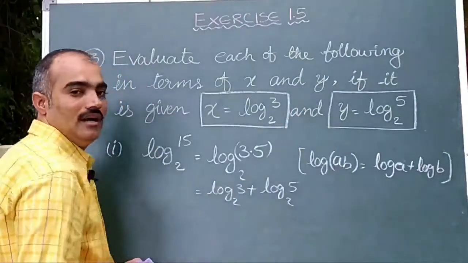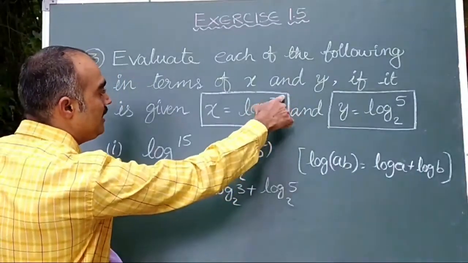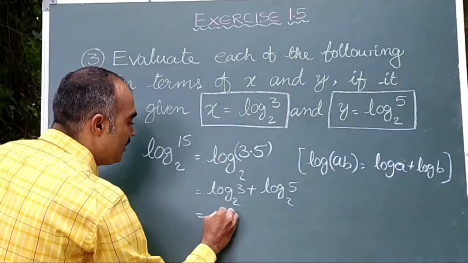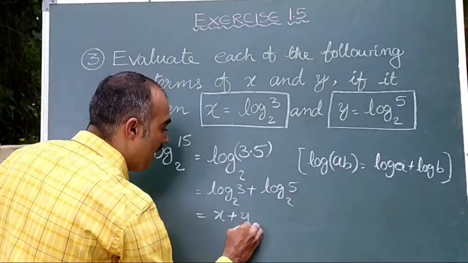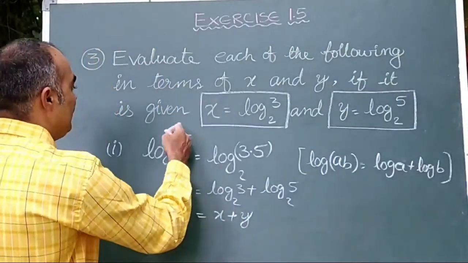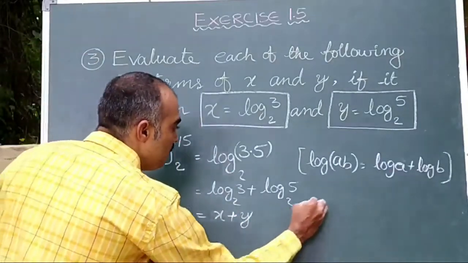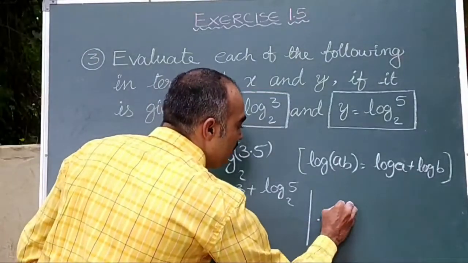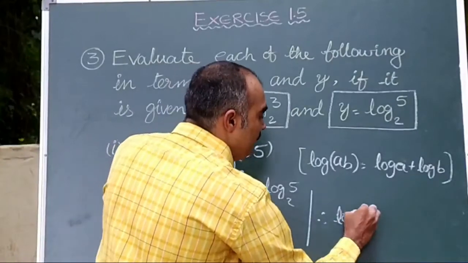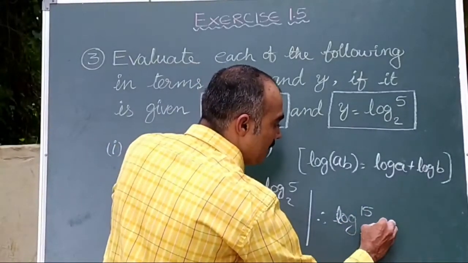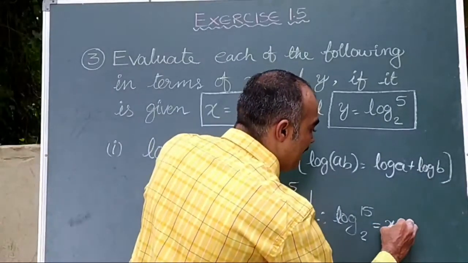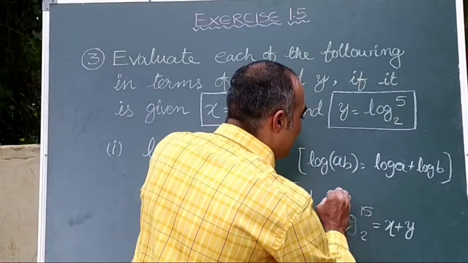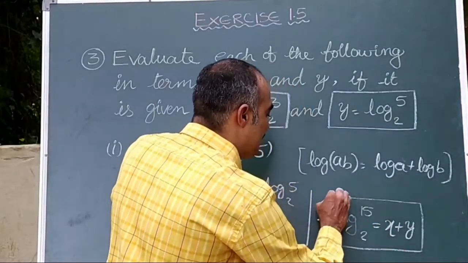So, here log 3 base 2 is nothing but x, plus log 5 base 2 is nothing but y. Therefore, log 15 base 2 can be written, in terms of x and y, as x plus y. This is the final answer for this bit.